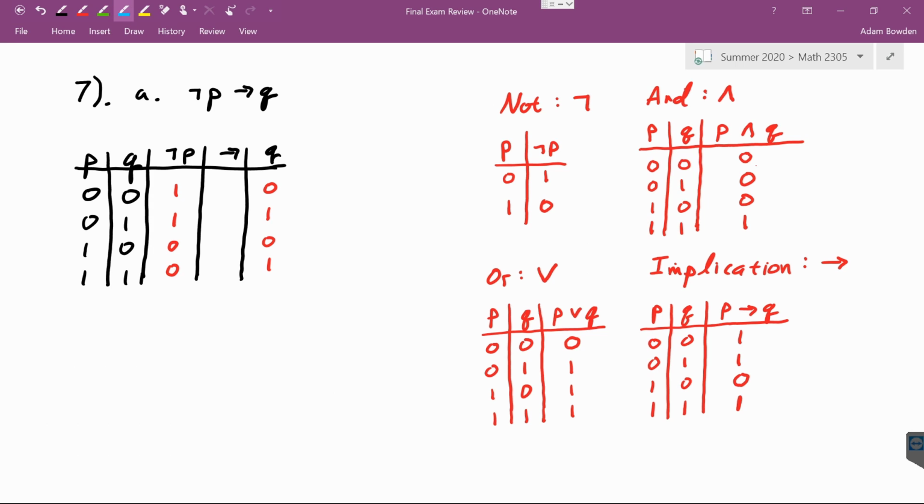And so when we look at implication, if we start with 1 and have a 0, that is false for implication. If it's 1 and implies 1, then it has a truth value of 1. 0 implies 0 has a truth value of 1. And 0 implies 1 also has a truth value of 1. So these are the final values of the proposition with this implication.